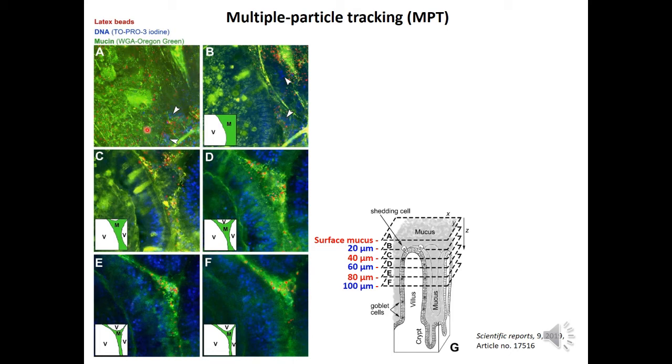So here, for example, this is the mucus on the top of the tissue, and then in B, C, D, and so on, we look at the mucus which is located deeper and deeper in between adjacent villi. In this experiment, the mucus in all these various locations was incubated with probe particles, and then the movement, the diffusion of particles was evaluated experimentally.